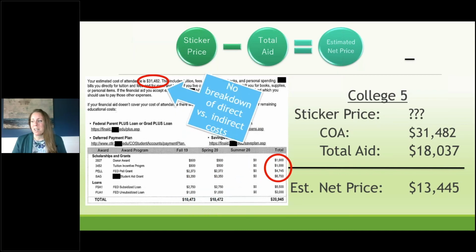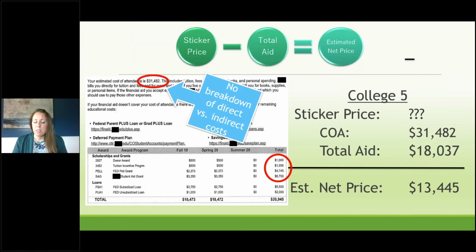So there's no breakdown of direct or indirect costs. When that institution is giving this COA, there's no breakdown. So that is something to talk to this particular school's financial aid office about, because who knows what this COA, this $31,000, is inclusive of.